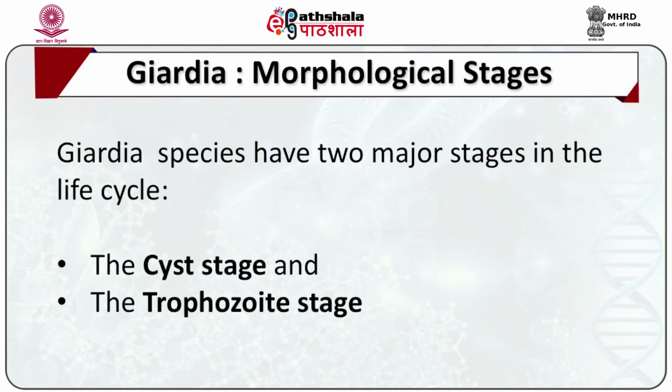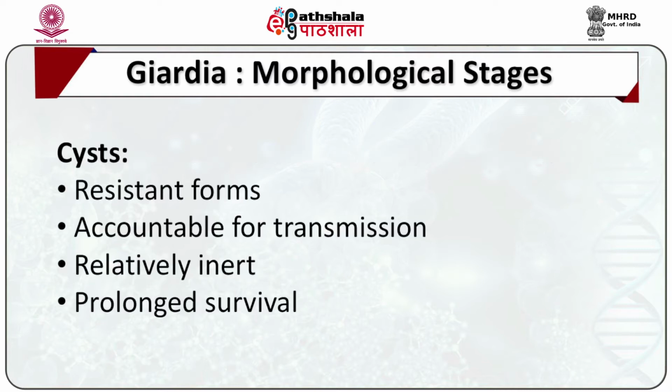Now, we will look into the morphological stages of Giardia. Giardia species have two major stages in their life cycle, the cyst stage and the trophozoite stage. Cysts are the resistant forms in which the parasite is protected by an outer shell and are accountable for transmission of the parasite that causes the disease giardiasis.